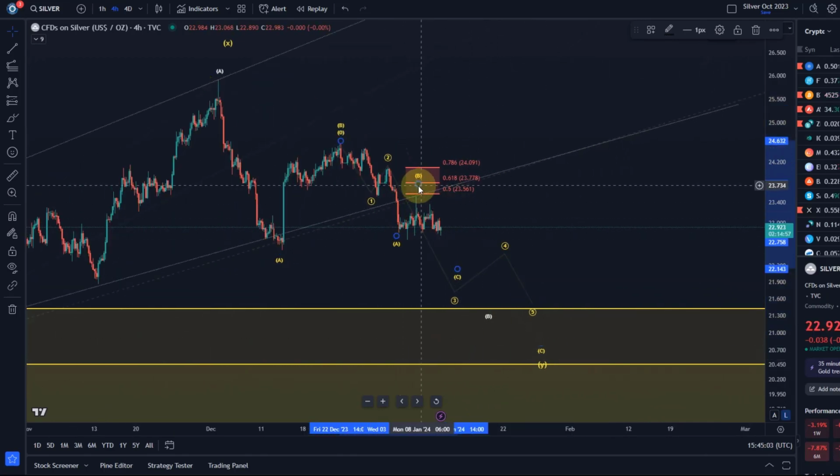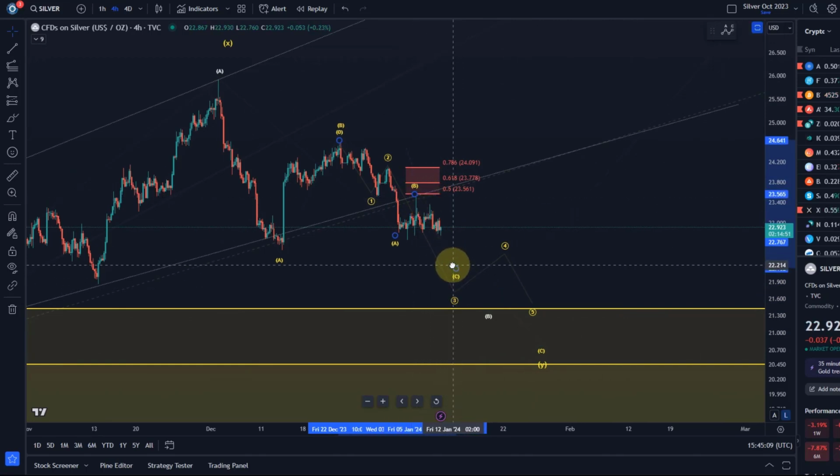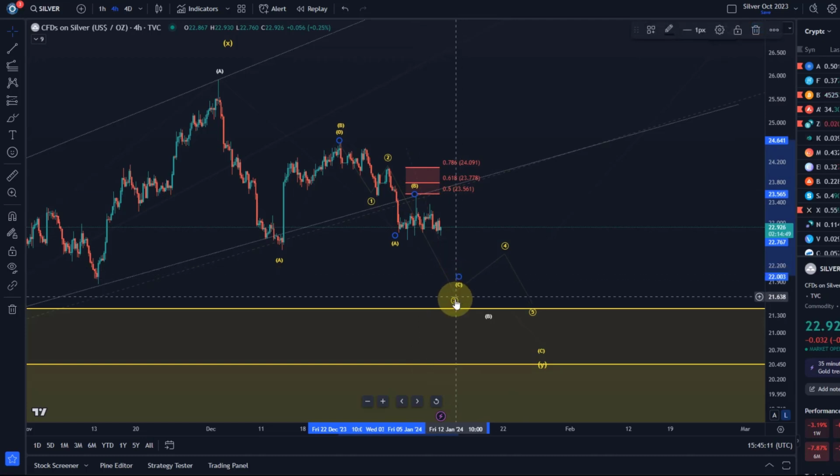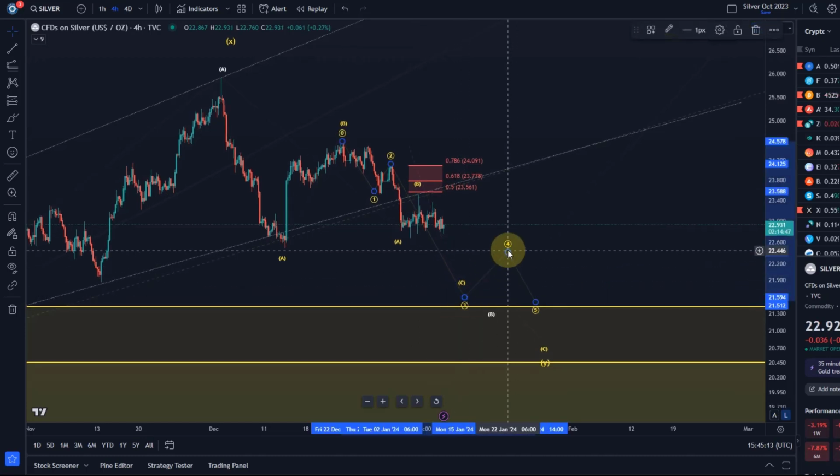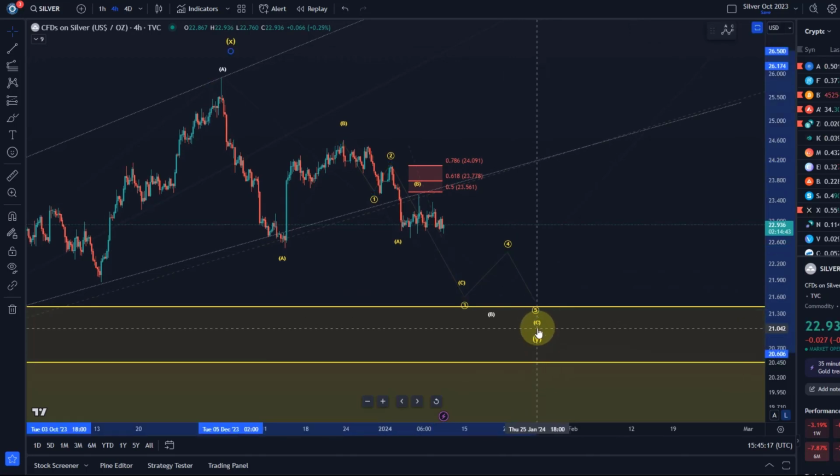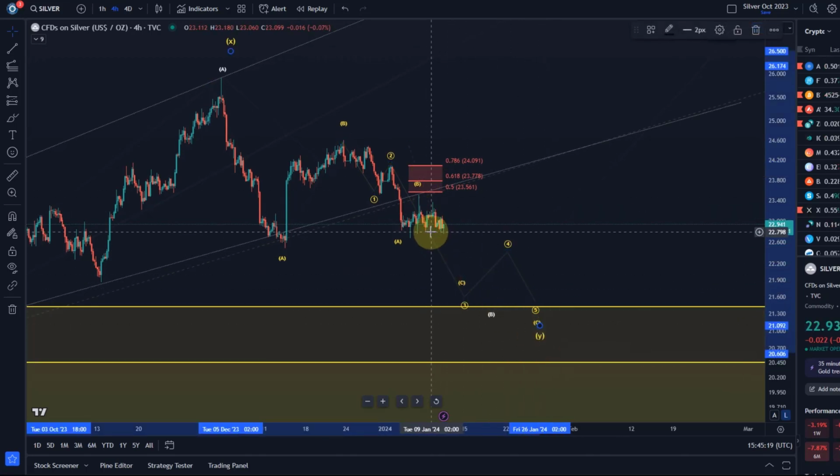What I'm observing here is possibly a B wave top. I think we talked about that in the last update already, and that now wave C of 3 has started to unfold, so this wave count remains unchanged. Then we could see a 4 and a 5 later. And the question is, how low do we go? We will have to observe that every single day to make an assessment of where we might land.